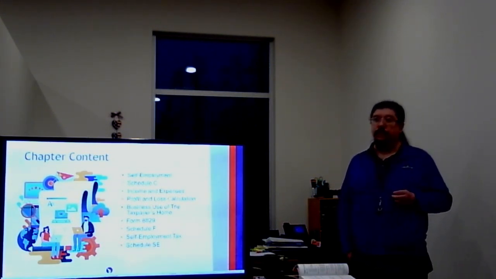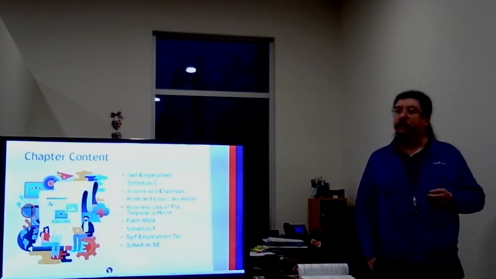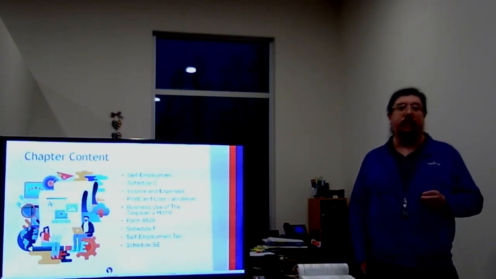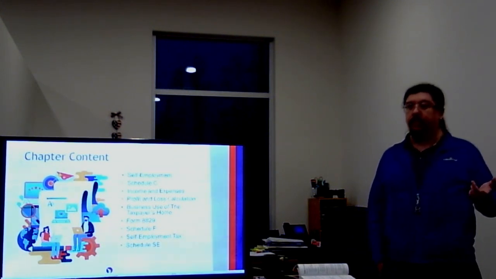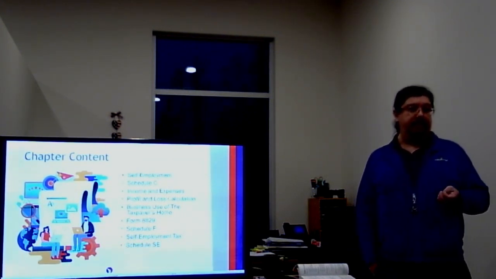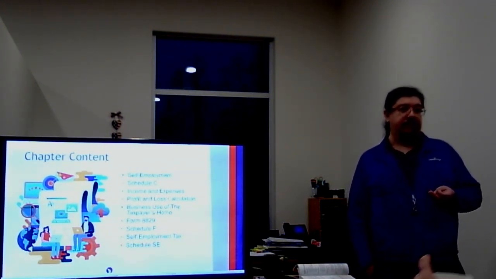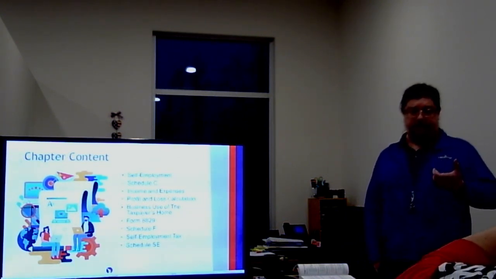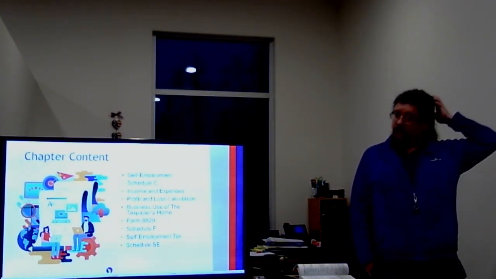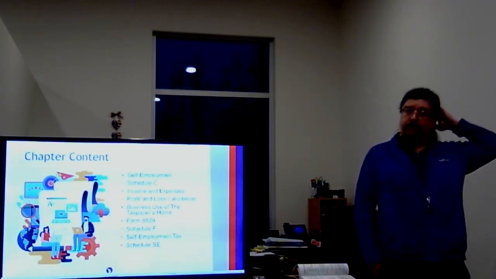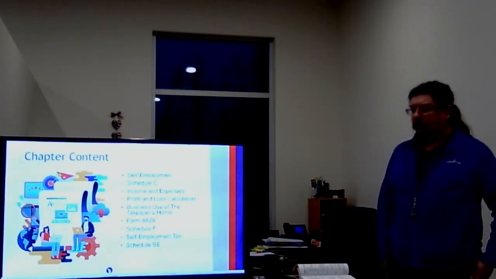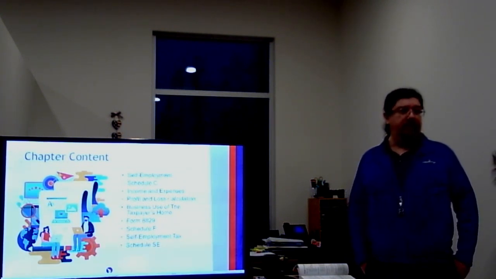An S corp is allowed to opt into their shareholder, owner, employees being covered by unemployment. So that's optional if it's an S corp or C corp. But a partnership, no, you're never an employee of your partnership. And if you're not an employee, you're not covered by unemployment.